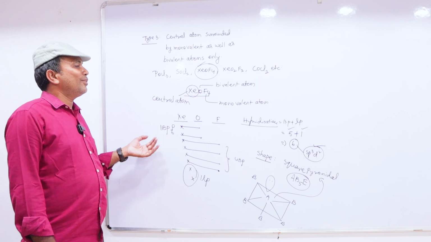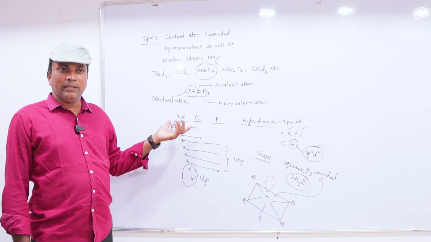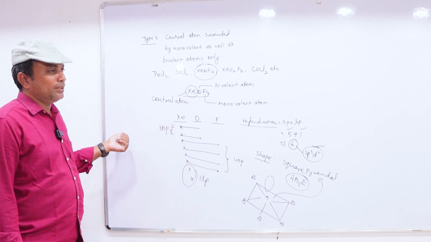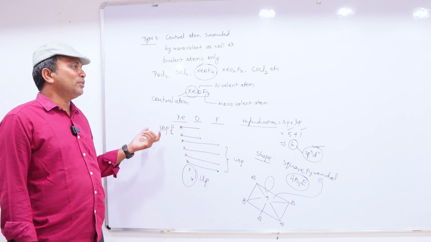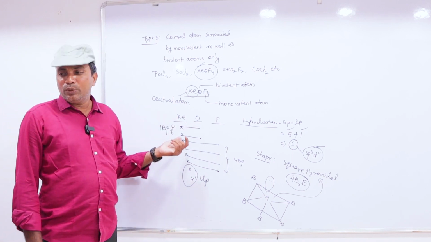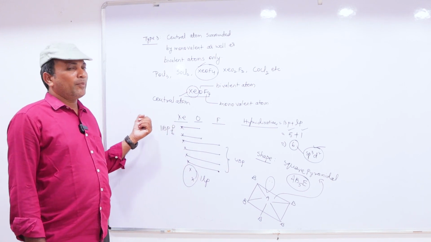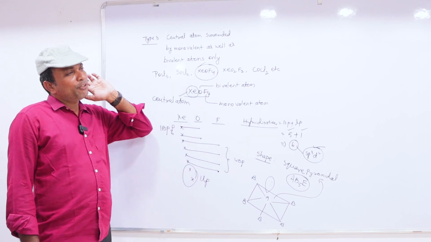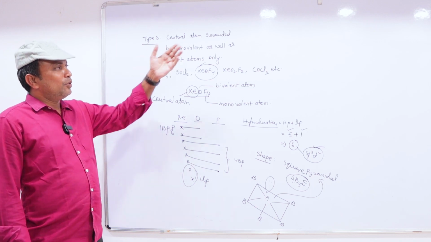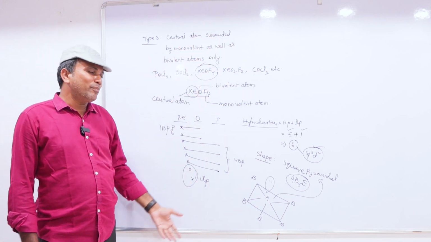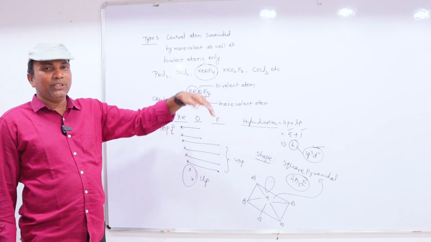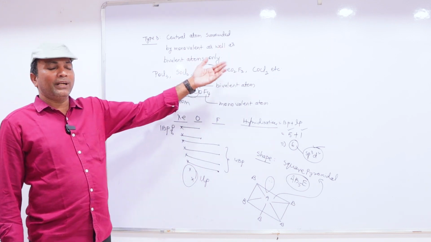For the remaining one or two types, where positive or negative species are present in the compound, we find hybridization as follows. If a positive charge is there, we remove electrons from the central atom, and then the procedure is the same. If a negative charge is there, gain 1 electron.